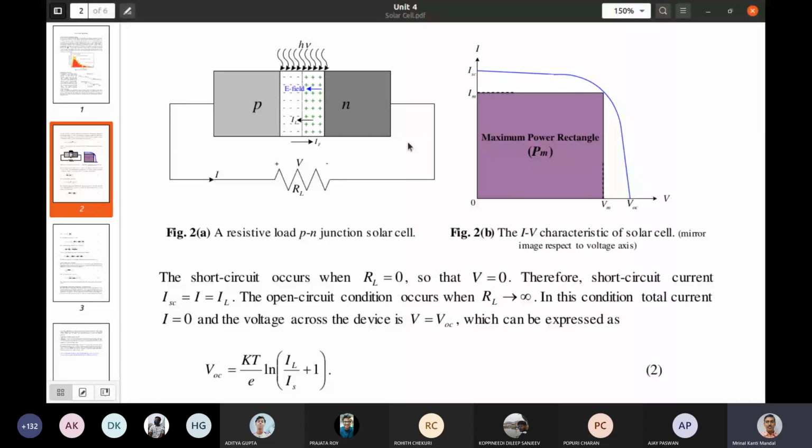So under that condition, V will be 0. Therefore, the short circuit current ISC is equal to I equal to IL.